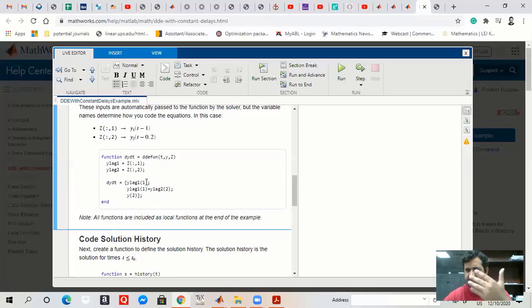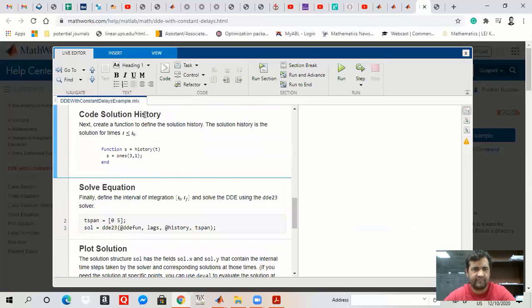So for instance, here we have a system containing three delay differential equations, so you can write down this very simple example. And then, of course, you have to code your history function. In this case, my history function is a constant, which is 1 for all three delay differential equations, for y1, y2, and y3.